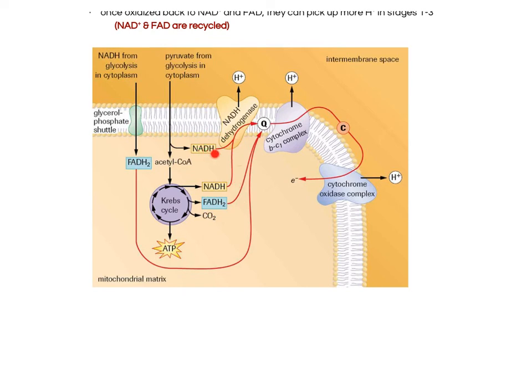NADH begins the electron transport chain at that first complex, NADH dehydrogenase. FADH2, being a little bit more electronegative, begins at the second species in the electron transport chain. As a result, NADH is able to pump 1, 2, 3 hydrogens across the membrane into the intermembrane space from the matrix, producing 3 ATP as a result. And FADH2, because it's more electronegative, is only going to be able to pump out 1, 2 protons from the matrix into the intermembrane space, ready to produce 2 ATP.